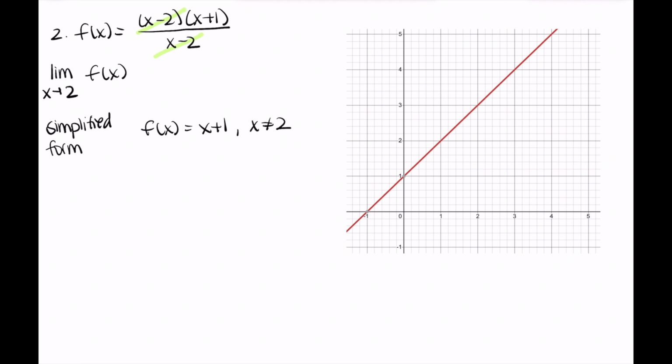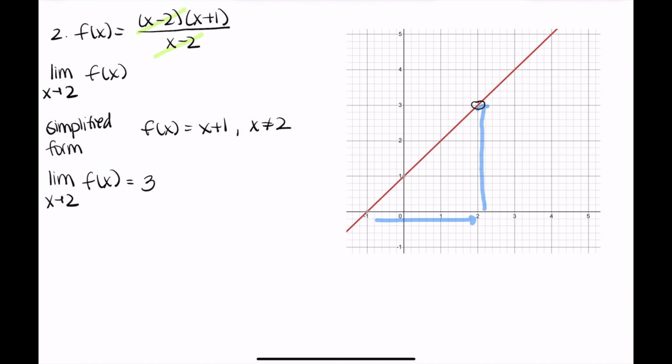The main thing that we need to keep in mind is since we took out that x minus 2 term, top and bottom, that means that there is a hole at x equals 2. So when we look at our graph, the limit as x approaches 2, we can go from the left, and since our graph here is a line, we can very clearly see that it approaches 3.